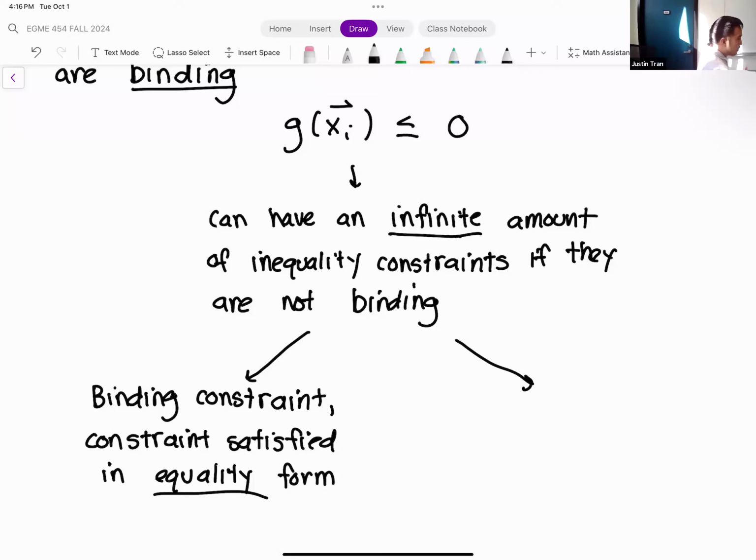The other possibility for an inequality constraint is that it just has no effect on the solution at all, and so it's a non-binding constraint. If it's a non-binding constraint, we can thus ignore it in our solution process.